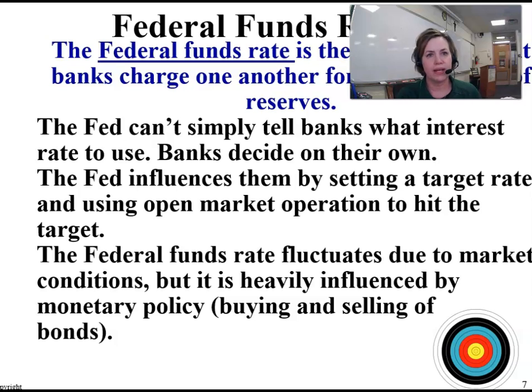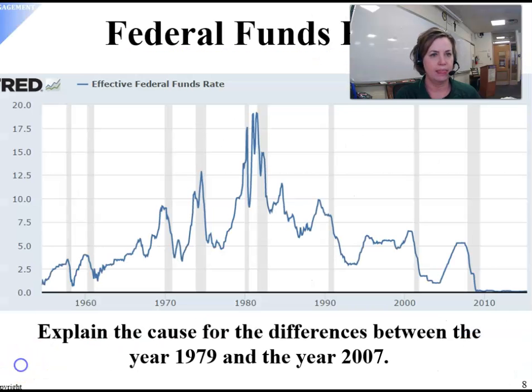The federal funds rate is the interest rate that banks charge one another for one-day loans of reserves. The Federal Reserve cannot simply tell banks what interest rate to use, but they influence the rate through monetary policy, through buying and selling bonds. In this chart, you see a huge difference in the federal funds rate between 1979 and 2007.